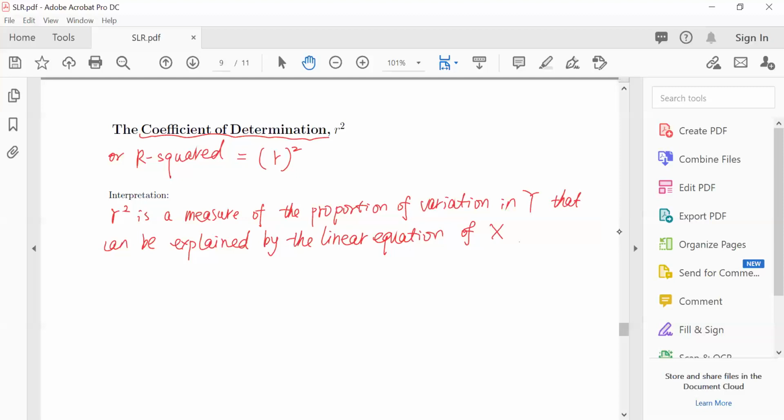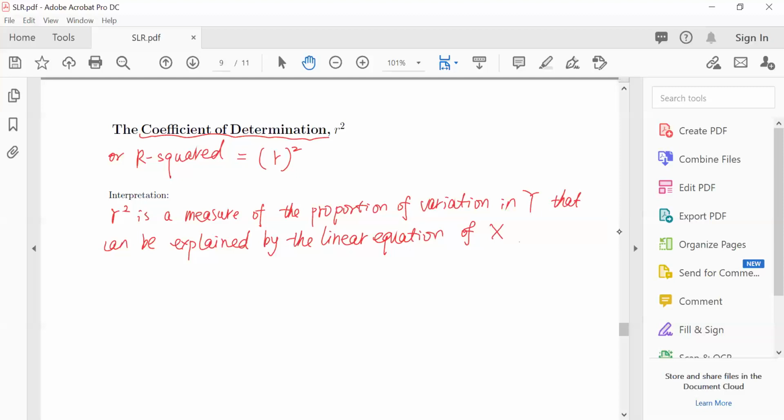The second part is all the other reasons that could be used to explain the changes of BAC. And this r squared, the coefficient of determination, measures the proportion of the variation in y that could be explained by the linear relationship between x and y.